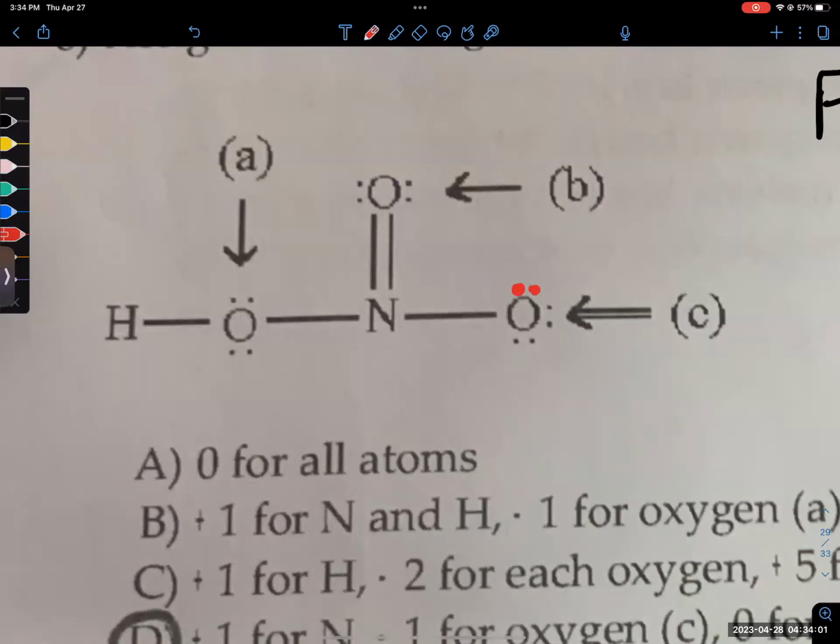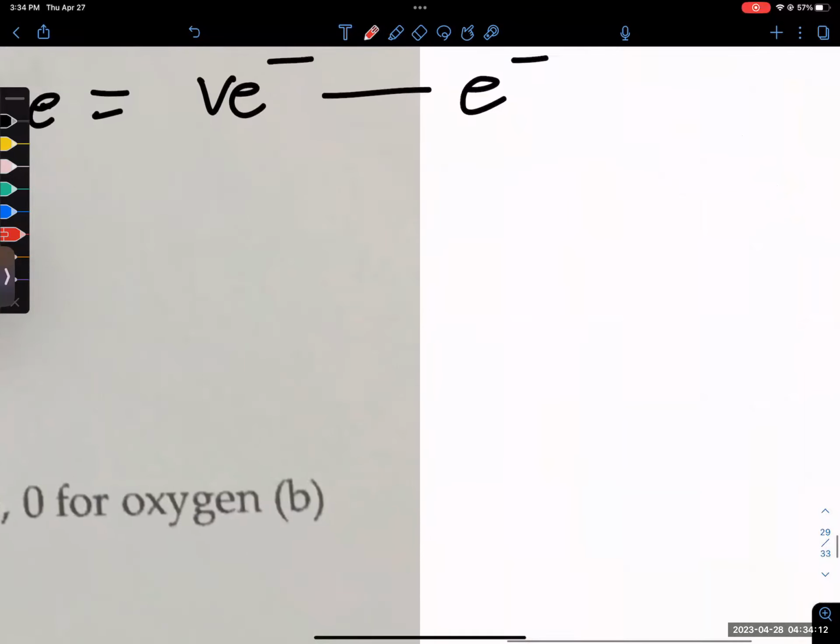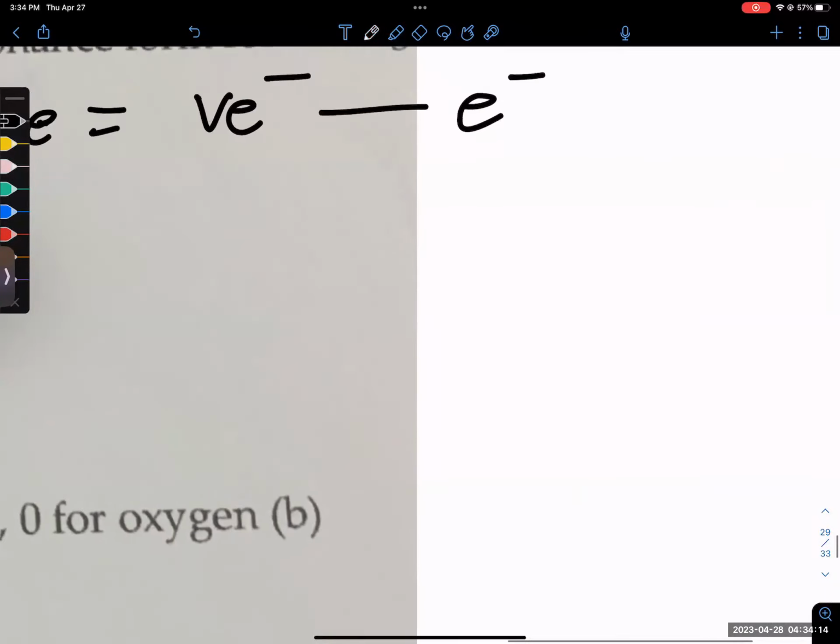We know for sure it has those 2. It has everything that it has a lone pair with, because it owns that. And then it has half of this bond. So it has 7. The electrons it owns is what we're going to go with.